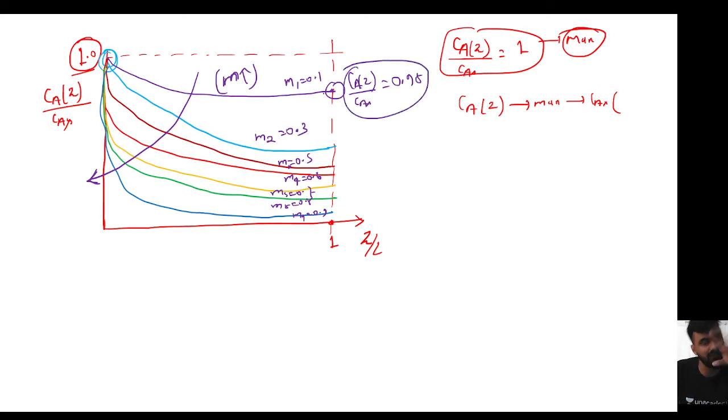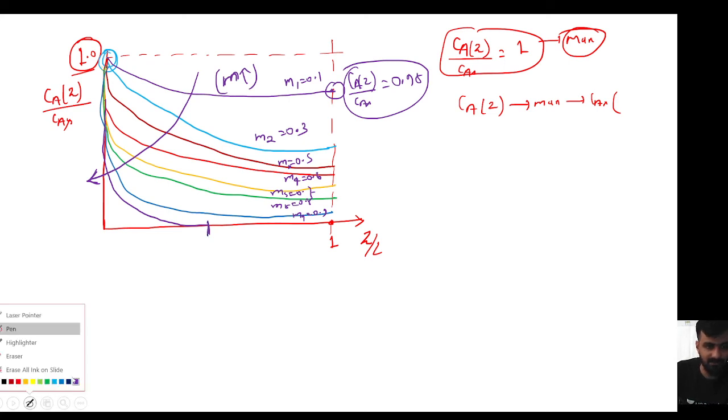I will let you know why I am writing these things and what you can analyze from these things. So my dear student, what will happen over here? One more plot I am plotting like this. I am just trying to tell you about this particular plot.